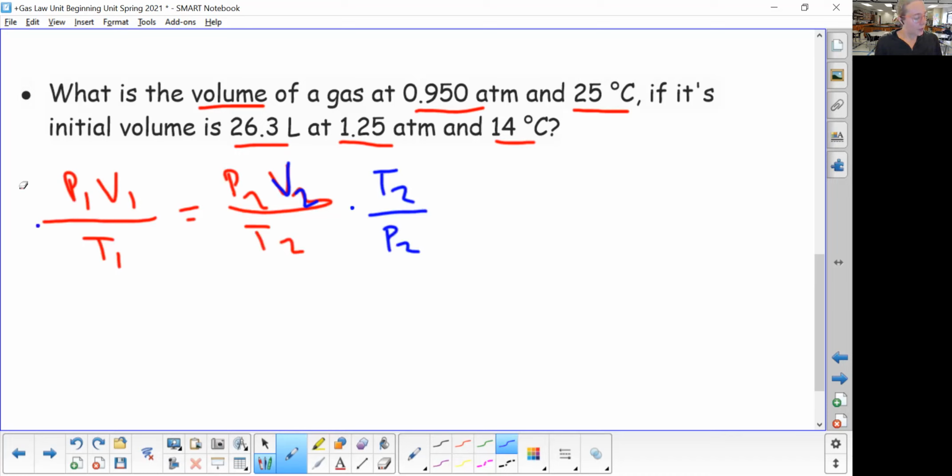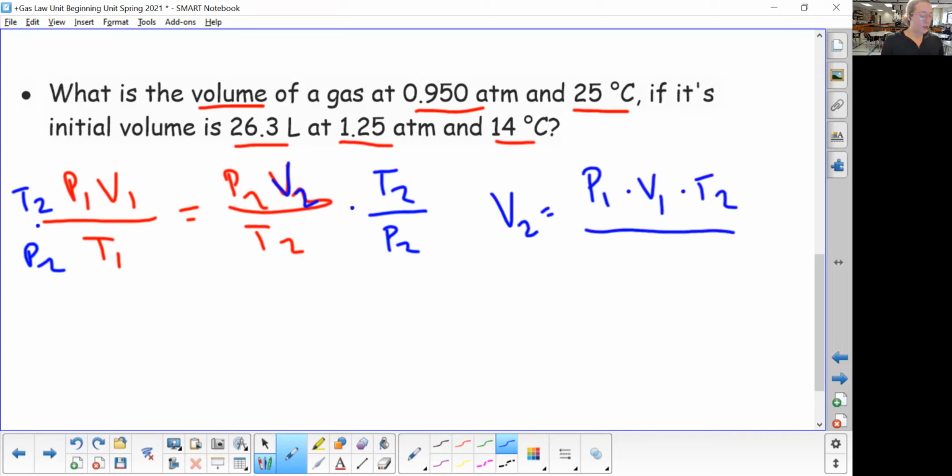So volume 2 will be equal to pressure 1 times volume 1 times temperature 2, all over pressure 2 times temperature 1.